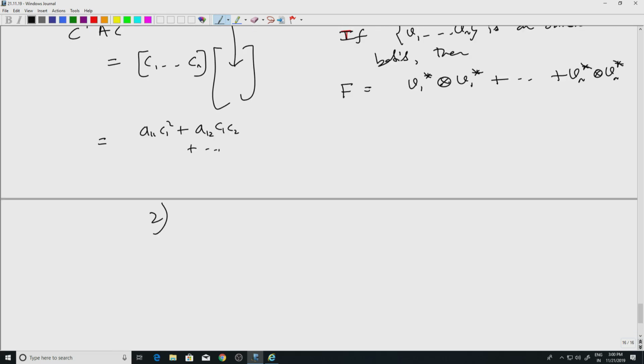Now the second example is, let's look at bilinear forms on R2. So the determinant as a function from R2 cross R2 to R. So this is my F. Again, I would want to express F. So here, let's start with, for instance, the standard basis.